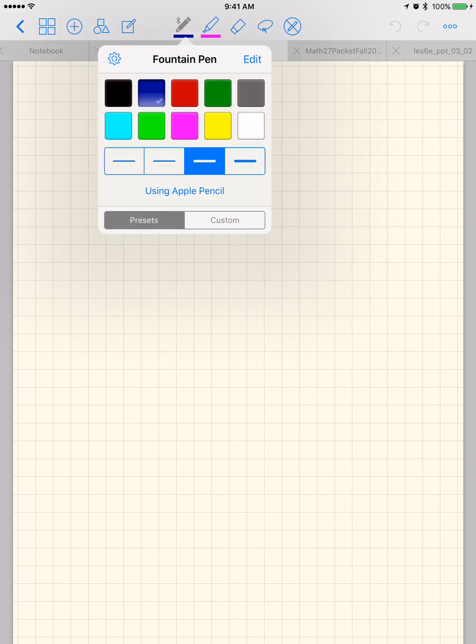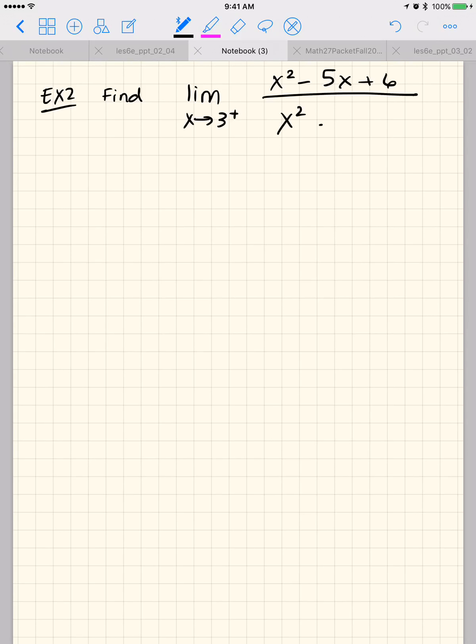Okay. So I'm going to do this second example here, which is going to be: find the limit as x approaches 3 from the right of x squared minus 5x plus 6 over x squared minus 4x plus 3.